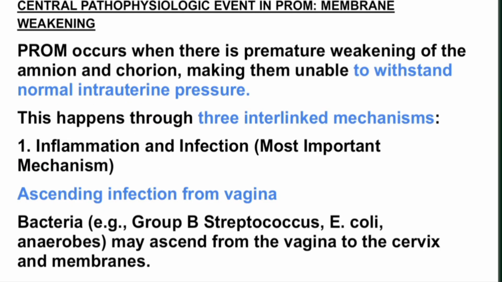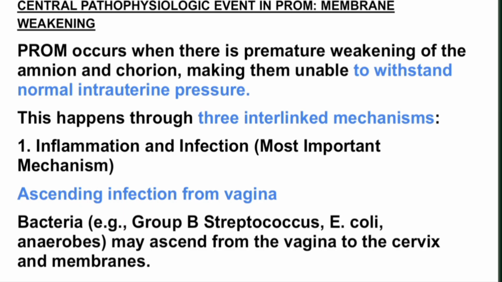With that being said, I would like to consolidate the information, and we're going to look at the pathophysiology of PROM. When we're looking at the pathophysiology of PROM, we need to understand that it's multifactorial, in the sense that it has about 3 interlinked mechanisms, all of which revolve around withstanding normal intrauterine pressure.